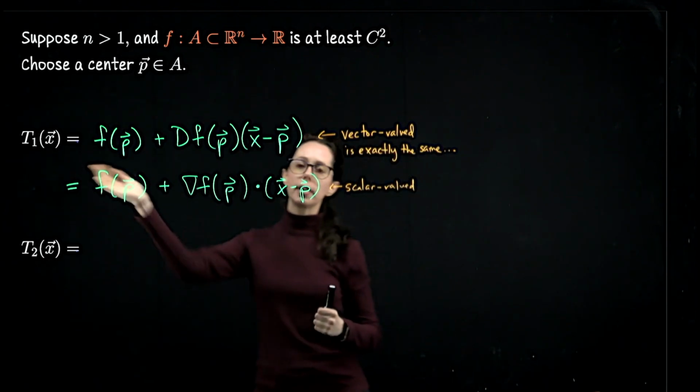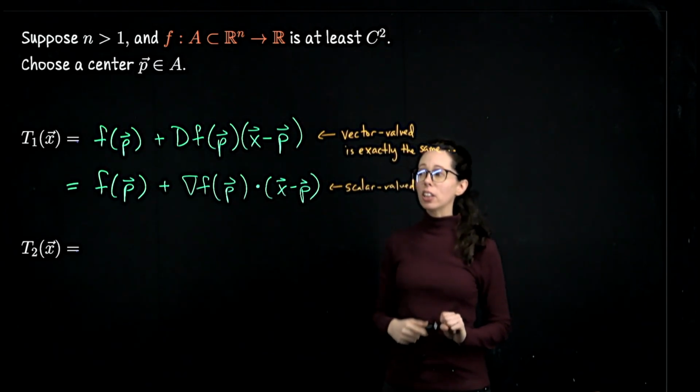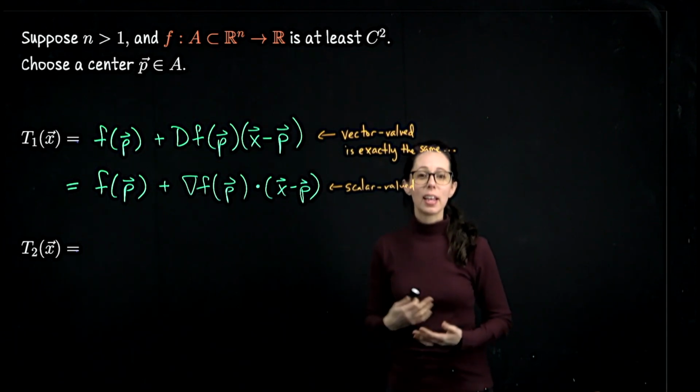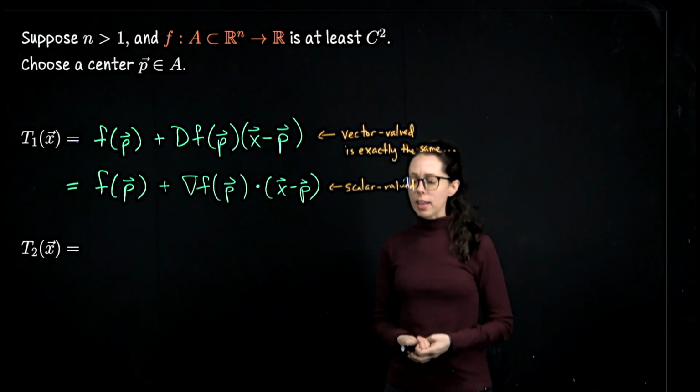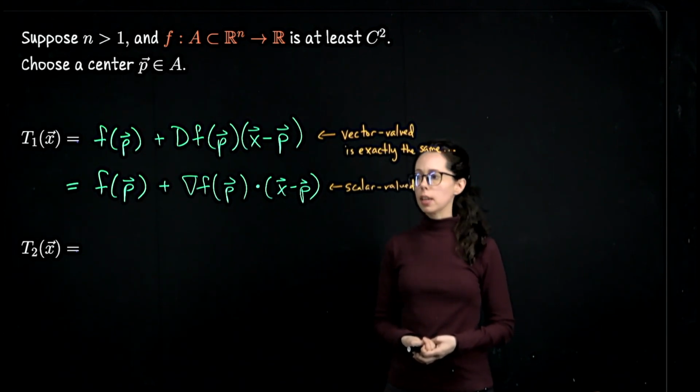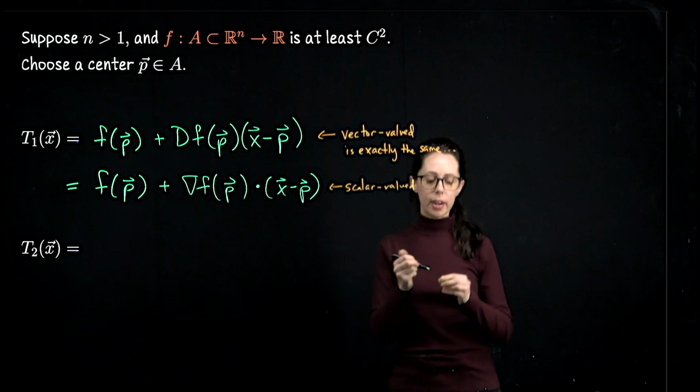Basically, this first order Taylor polynomial is like your tangent line. It's like your tangent plane. In fact, it's what we've been calling the first order approximation as we've been assessing differentiability of functions. So let me write it over here.